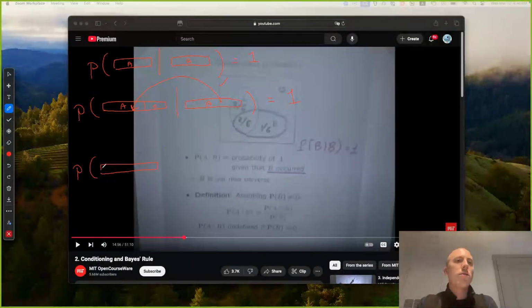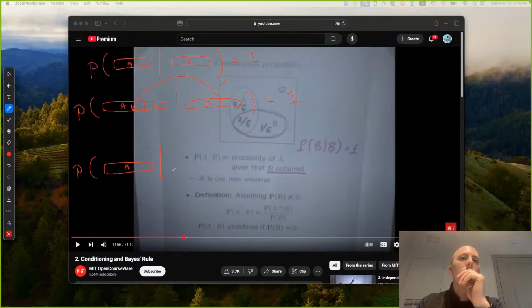But now if we say, what's the probability of A given A and O, we just know that we're in one of these things here. If we got in A, then we're good. But if we got in O, then that's going to wind up not in it.